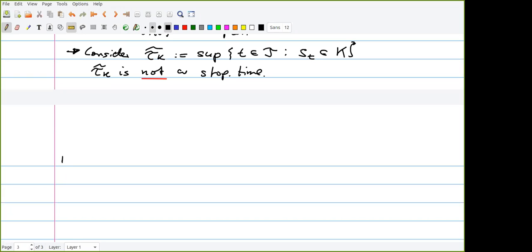Okay. All right. Lemma. So let us understand a bit what operations are allowed between stopping times and which are not allowed.